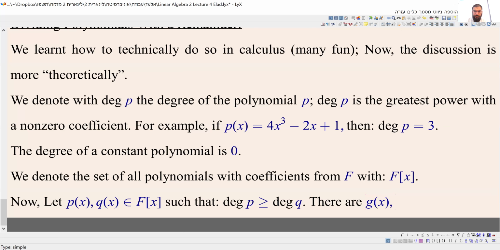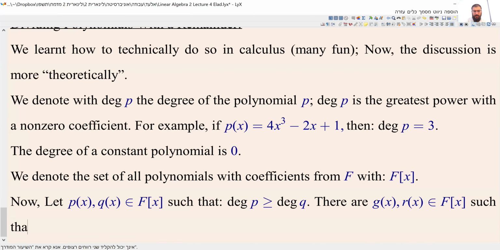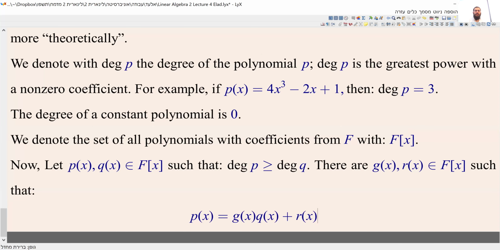Polynomials G and R in our set of polynomials such that P is G times Q plus R, where the degree of R is smaller than the degree of Q.